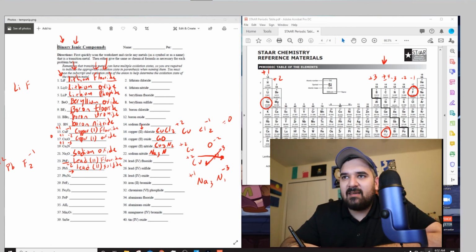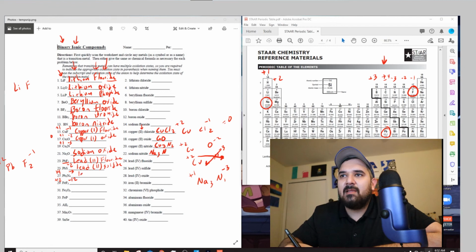We have a total negative charge here of -12. And our lead, we have 3 of them. We need to know how many we'd need in order to have a +12 charge. So 3 times 4, so +4, would give us our +12. So 3 times +4 gives us +12.